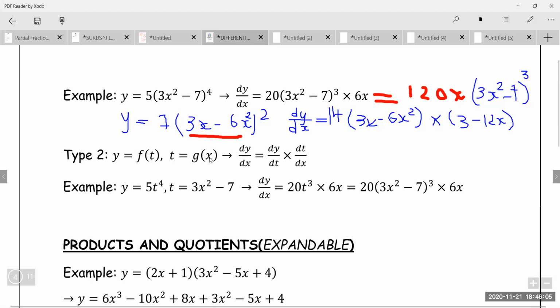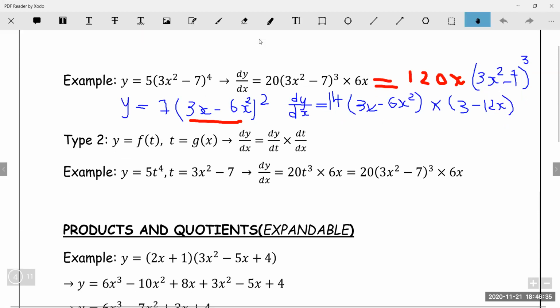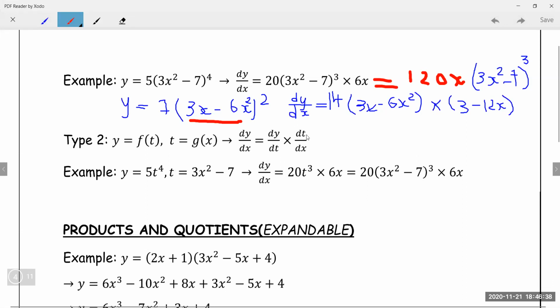To find dy by dx, you use what's known as connected rates of change. So here, dy by dx is going to be dy by dt times dt by dx. Because if you were to cancel the dt's, since in reality you're multiplying them, the dt's would cancel each other.